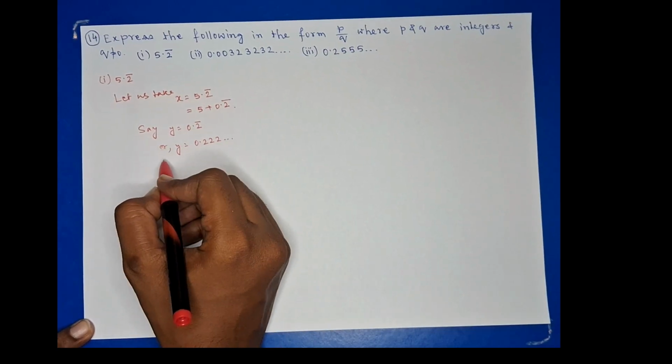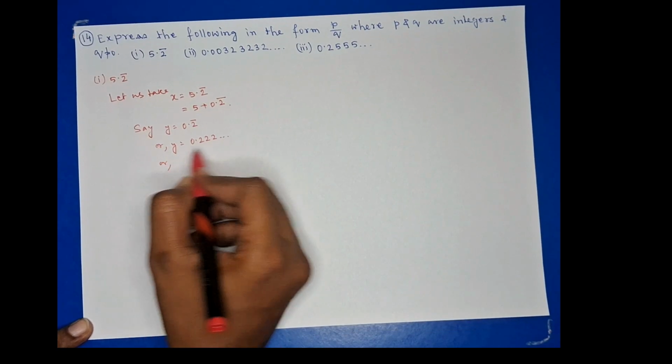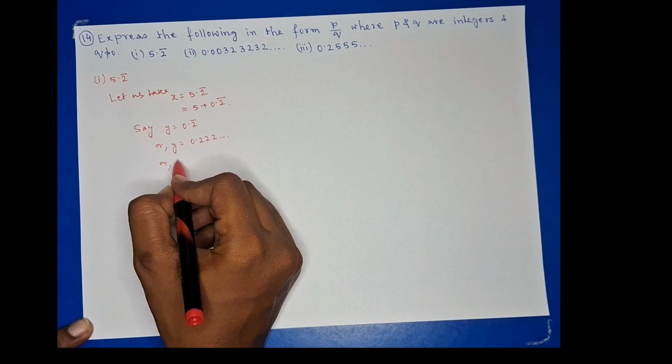0.222 dot dot dot, and we'll multiply it by 10 on both sides.